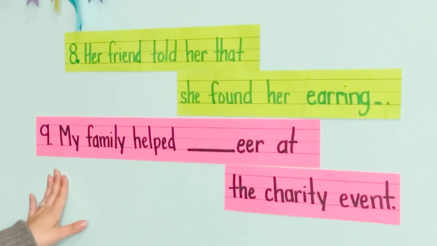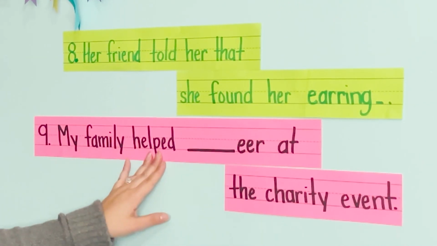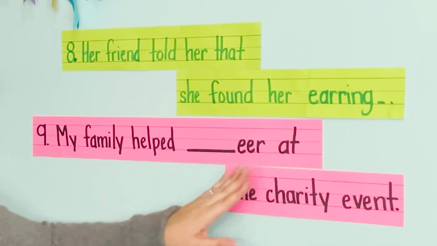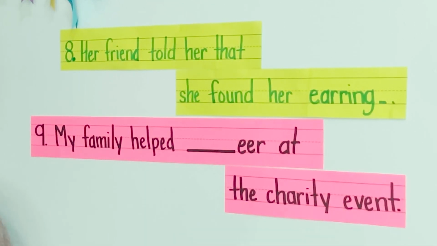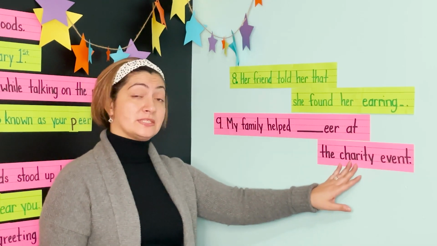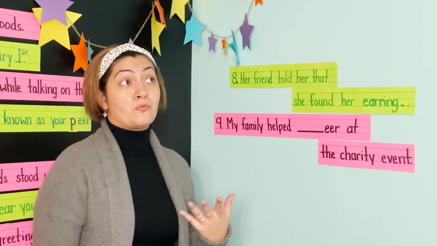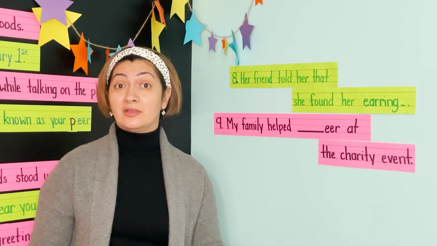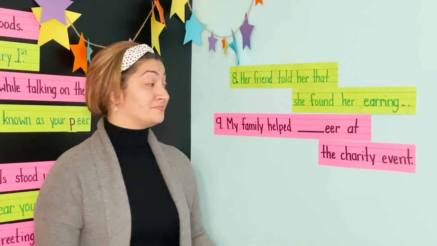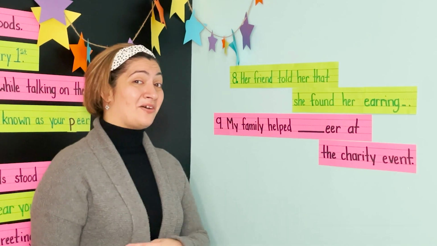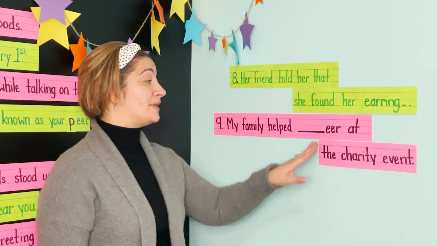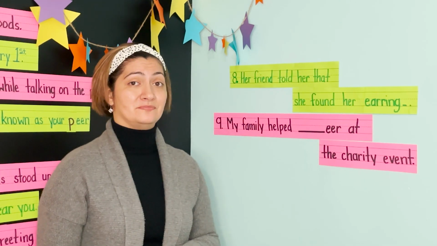And our last one. My family helped at the charity event. So a charity event is something you do to raise donations, right? So then you would go work or help out without having to be paid. And what is that called? It's a bigger word, but it has the ear sound at the end of it.